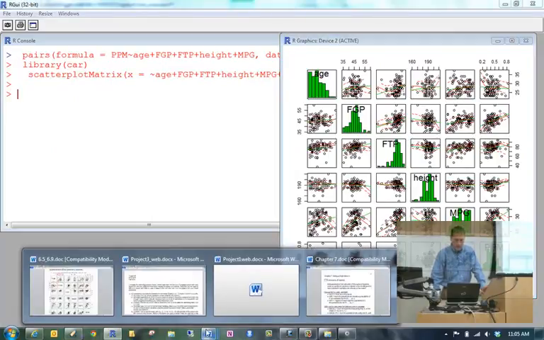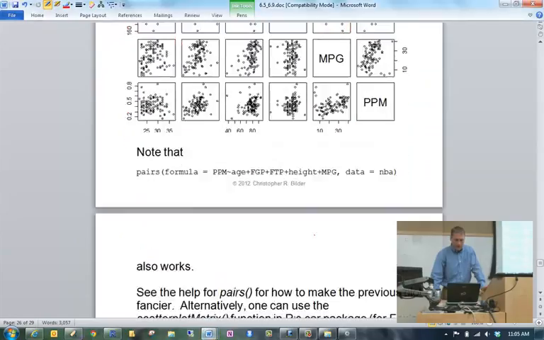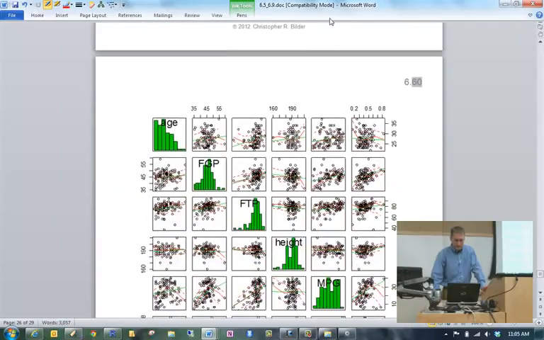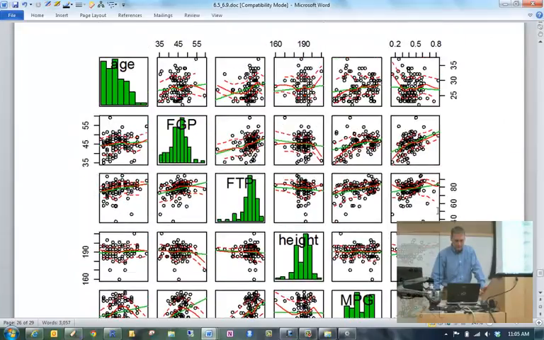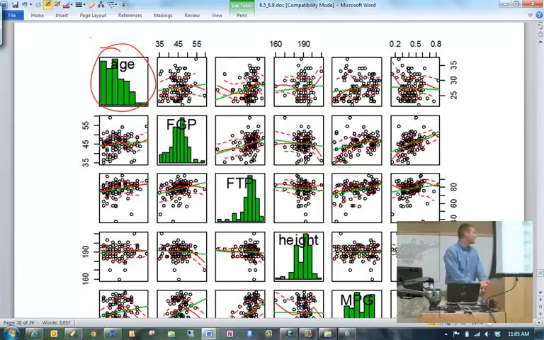Let me go over to Word so I can mark on it. We see, very similar to what we did before, the black dots. What has changed is that now we have a histogram of the ages, a histogram of the field goal percentages, and so on.